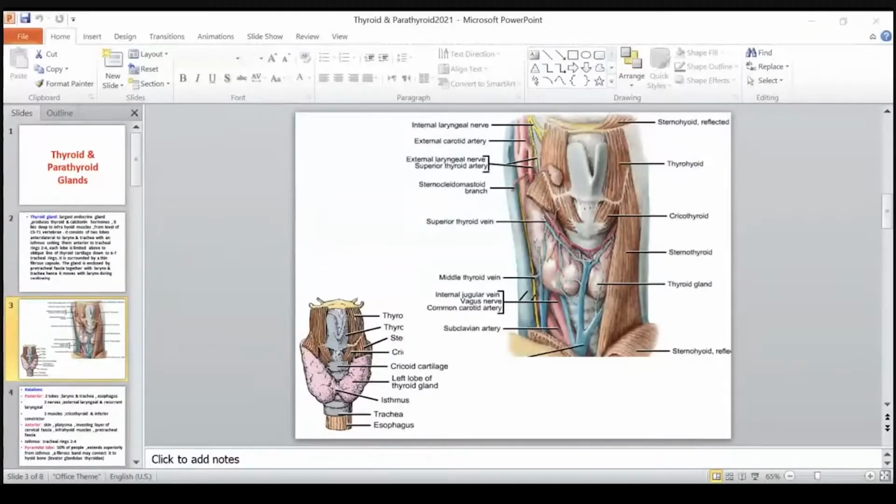The other artery which supplies the thyroid gland is the inferior thyroid artery. This arises from the thyrocervical trunk of the subclavian artery. This is the subclavian and this is the common carotid. The subclavian artery here gives rise to the thyrocervical trunk.